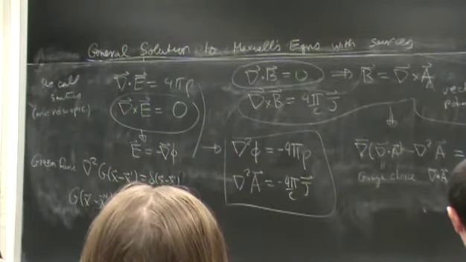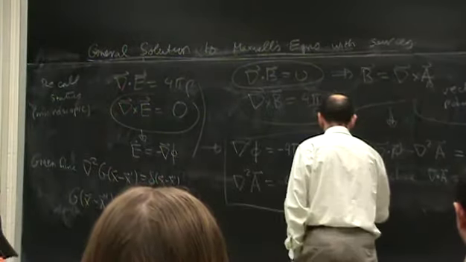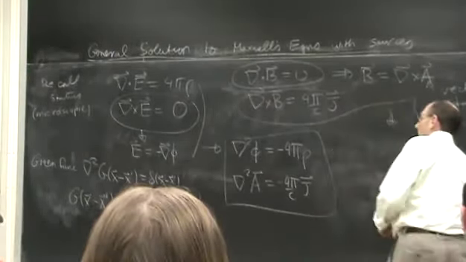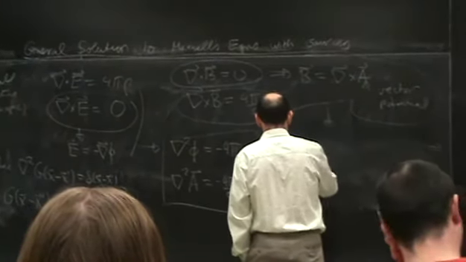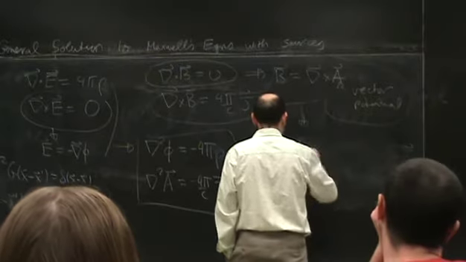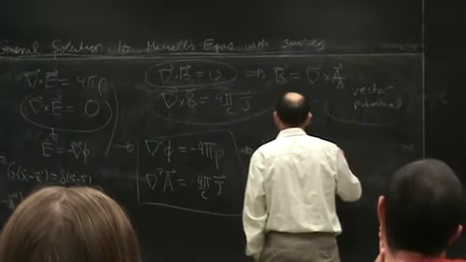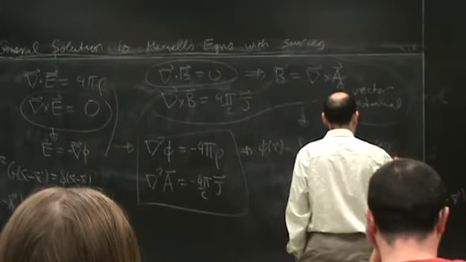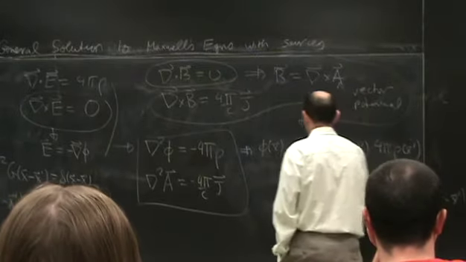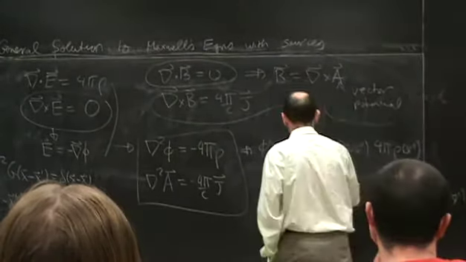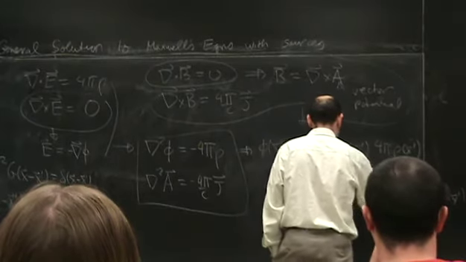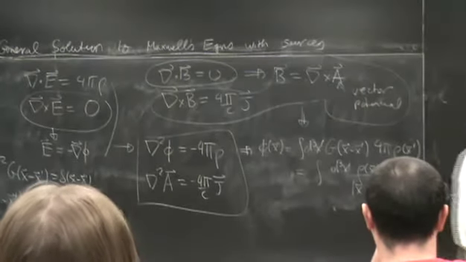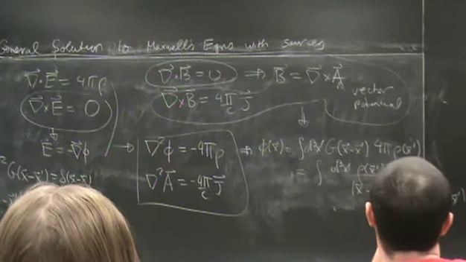And so the solution that we have in this case in statics is equal to the Green's function convolved with the source, which is equal to the solution we could have written down by heart, Q over R is the potential.